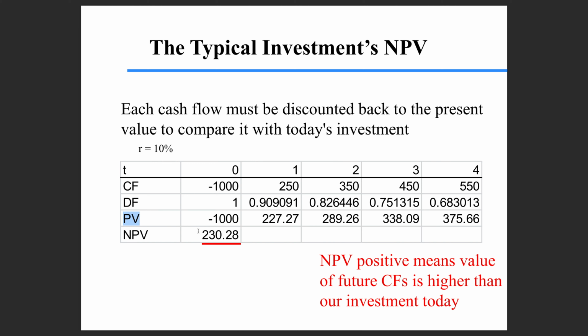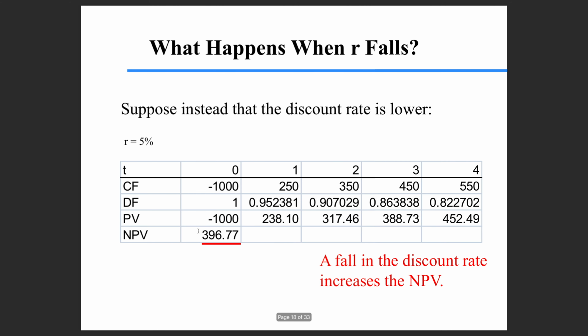What would happen if the discount rate decreases? For example, let's take our previous investment and calculate what happens if the discount rate changes from 10% down to 5%. We do exactly the same procedures as we did in the previous slide. We first find discount factors. Notice each discount factor is worth more now if the discount rate is lower.